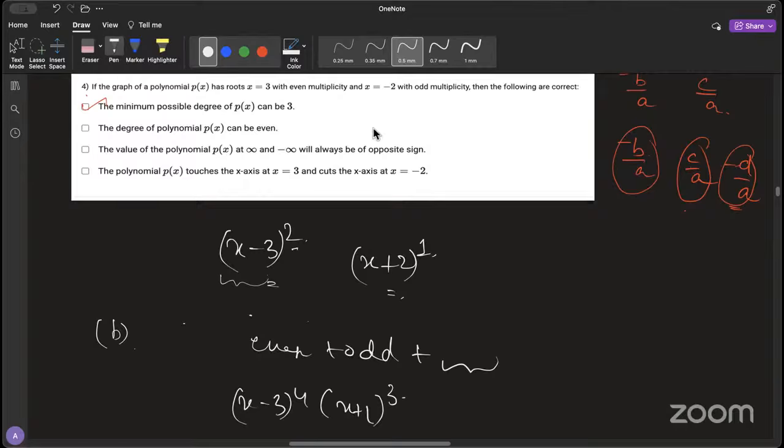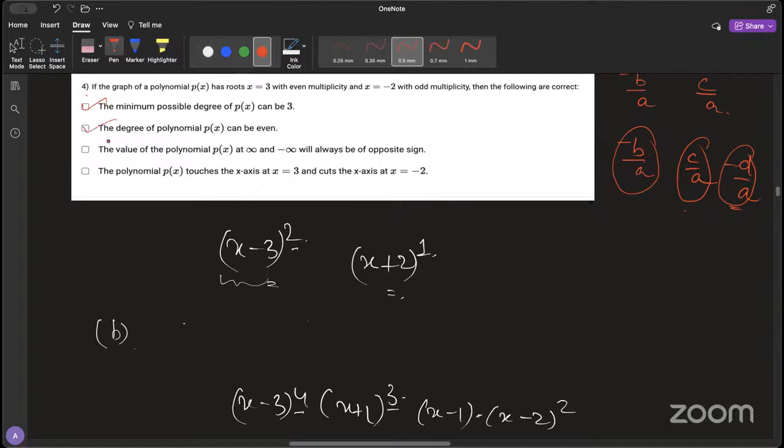So it can have other real roots too. It can have minus 1 here. That's also a possibility, right? Is this clear? Yes. That means you can have degree 4 here, degree 3 here, and then you will have a degree here as well. You can have something like (x minus 2) square here. That's also fine. That means even degree is possible, right?